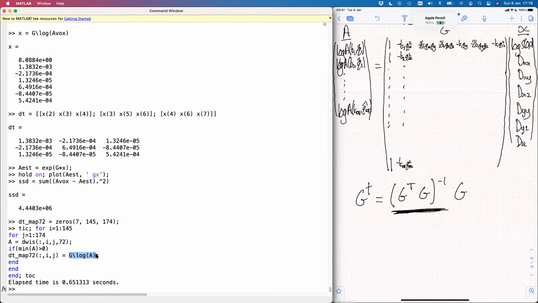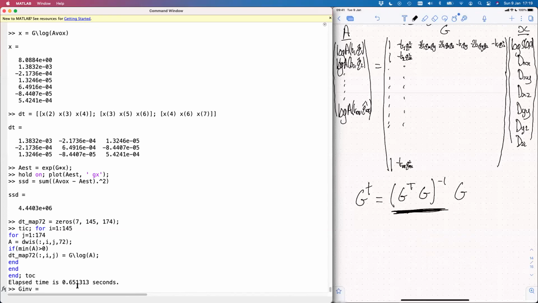So could we not just compute that a priori and then use it each time around the loop? We can, of course, do that. So let's do that and see how much difference it makes to the time that it takes to process this whole slice. So I can construct the matrix G_inv, which will be exactly this matrix here.